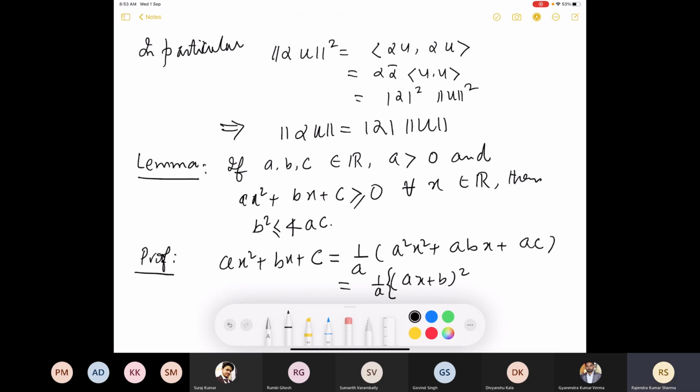So this will be a square x square plus b square plus twice a b x. Now what we have here is twice a b x, but one a b x is already here, so this will be minus a b x, and plus b square also we have added, so this also will be subtracted.